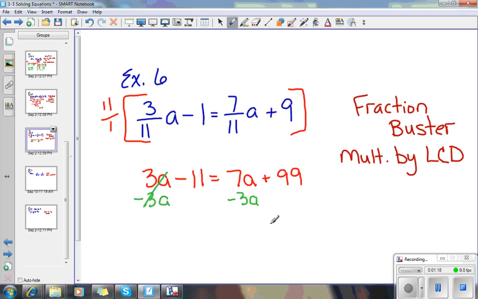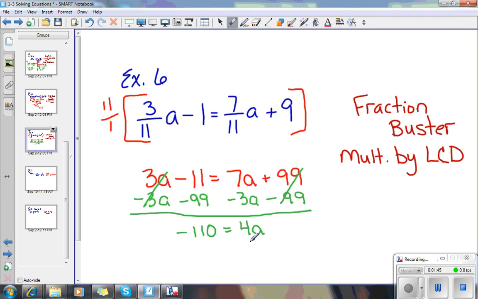And then what I usually will do, instead of doing a whole other line of my work, I'll just come over here and say, well, if I have the a's on this side, I'm going to have to get rid of this 99. So I subtract 99 on each side to cancel those. So then I'm left with 4a on the right side, and this side I have negative 110.